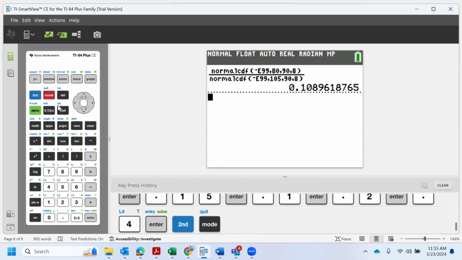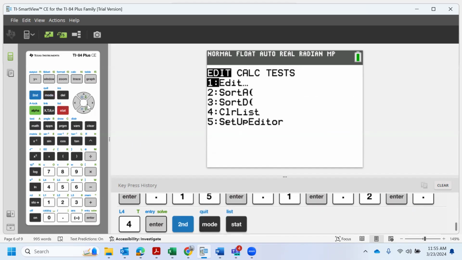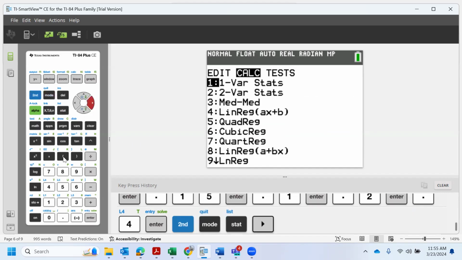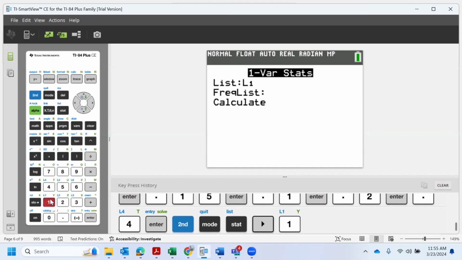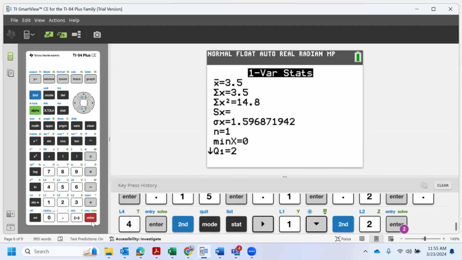Second, quit. You go to stat again, you go to the test, and then you go to number 1, because there's only one variable, which is your X. The list is the random variable. The frequency list is your probability, which is located in L2. Enter, enter, you calculate. So we get 30.5 and 14.8 for the summation of EX squared.